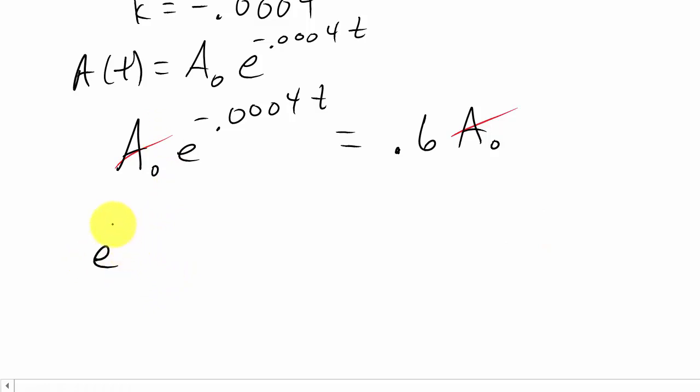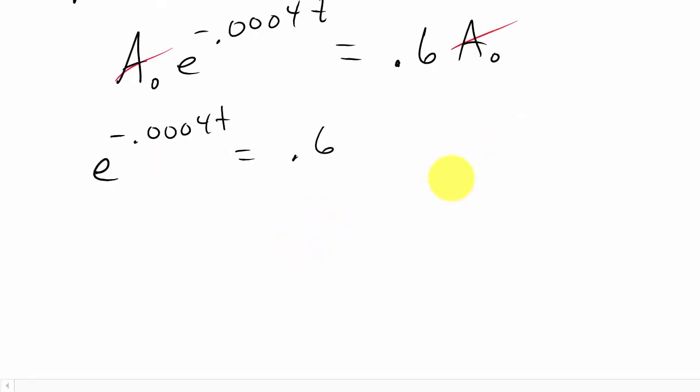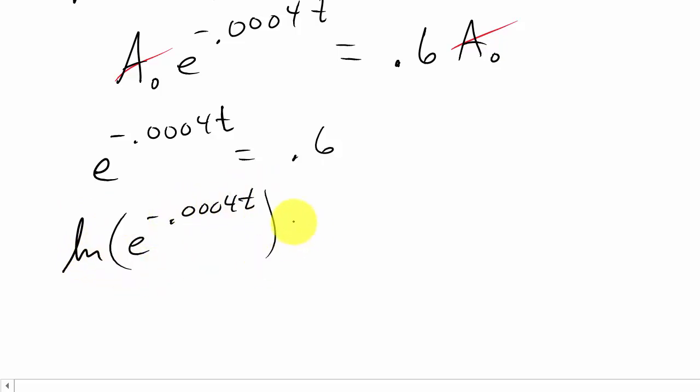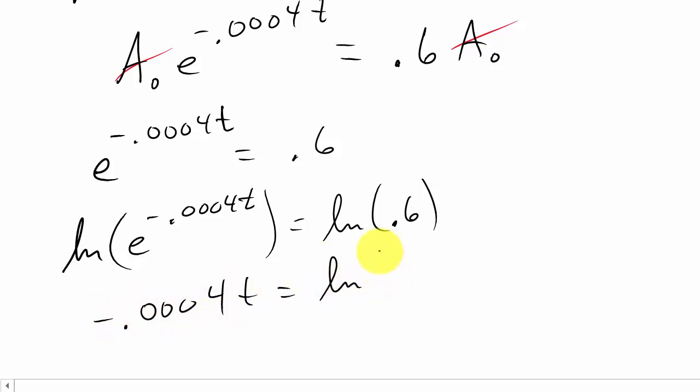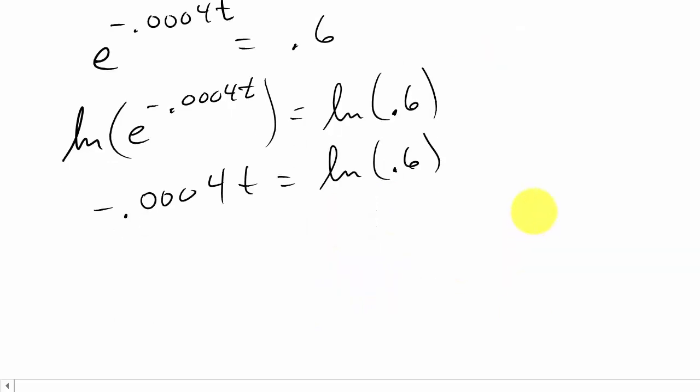Let's go ahead and write this down again. I'm going to take natural log of both sides. And then once again, that's negative 0.0004t equals natural log of 0.6.